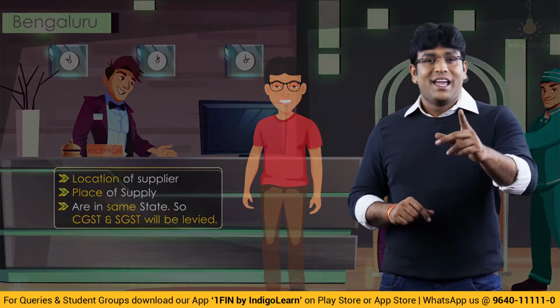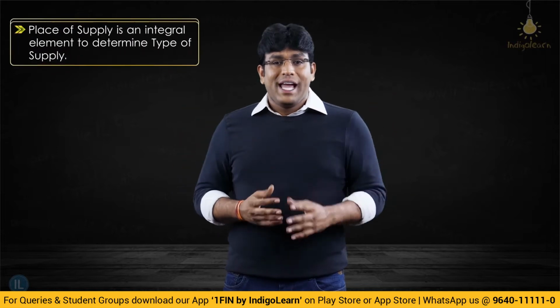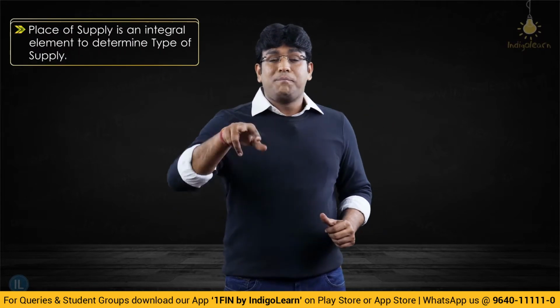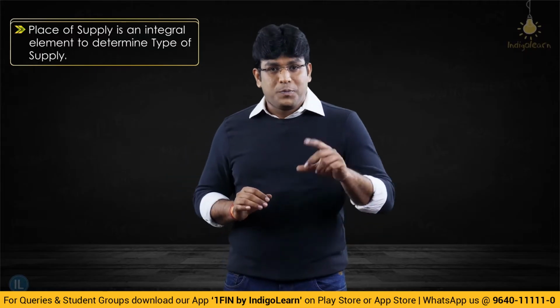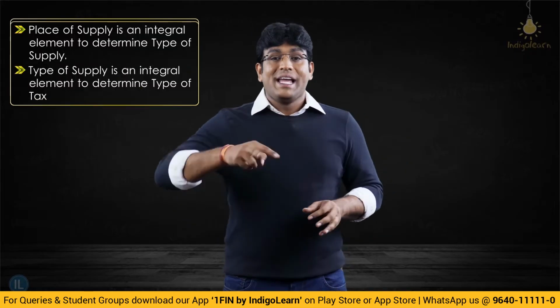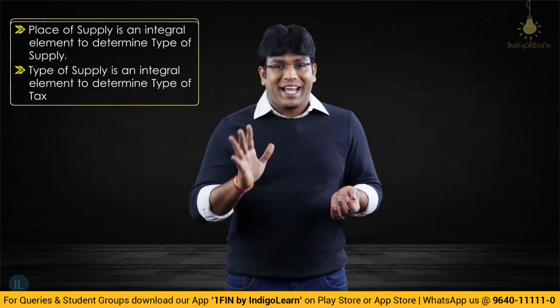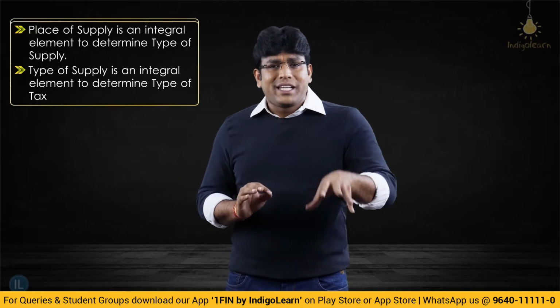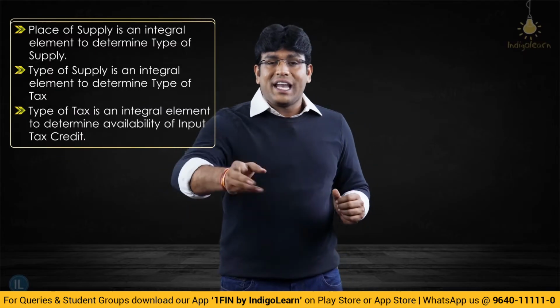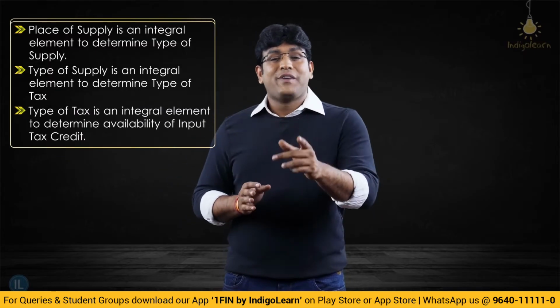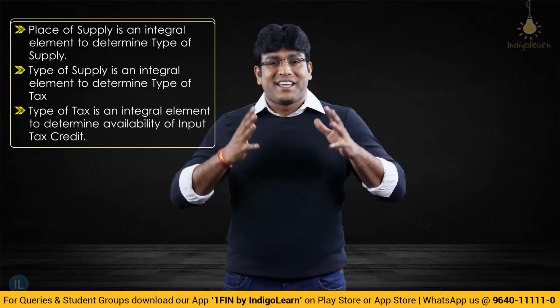That is why, my dear friends, how I'll put this concept in front of you is something like this. Listen carefully. Place of supply is an integral element to determine type of supply. Next point. Type of supply is an integral element to determine type of tax. And last line. Type of tax is an integral element to determine availability of input tax credit.